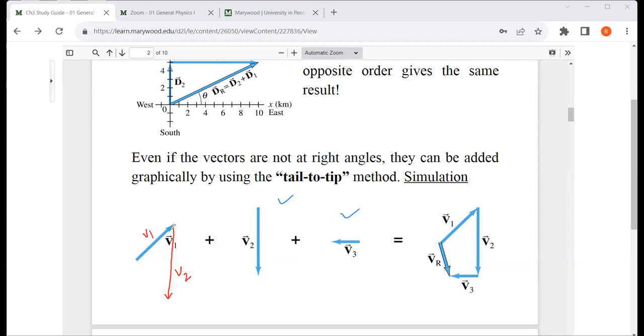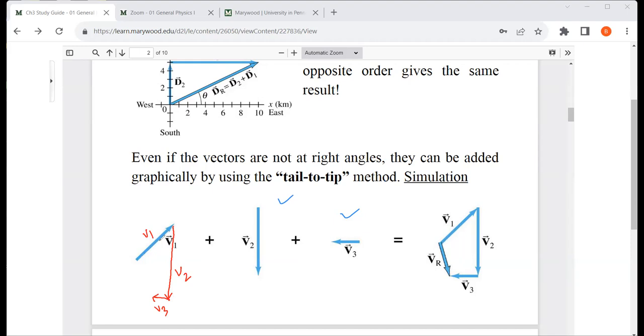So now we have another vector v3. How to add v3 in this picture? From the head of v2 I have to add v3. So this is v3. Make sure the directions of the vectors are the same.